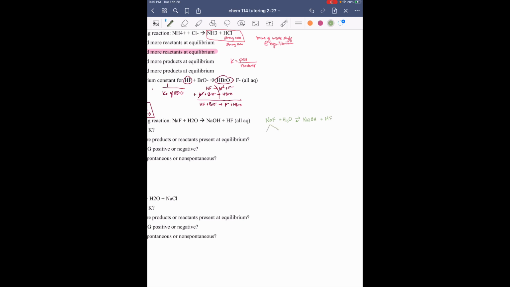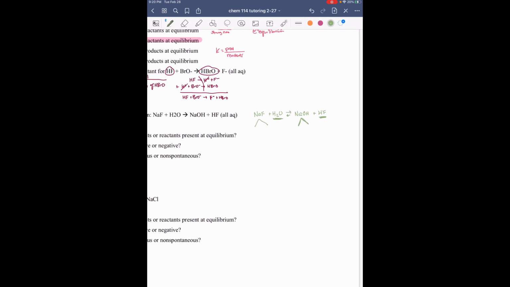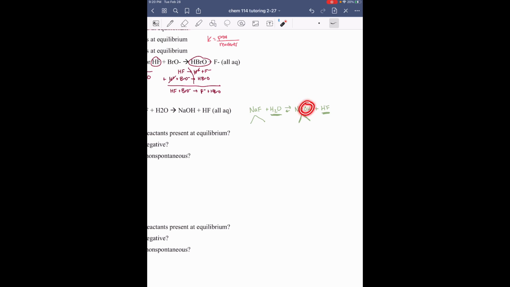NaF is going to split because it's a salt. H2O stays together. Salts are strong electrolytes. NaOH is a strong base, so it's also a strong electrolyte and will split. And HF is a weak acid, so it's going to stay together. This is a base because it has OH. This is an acid because it has hydrogen.